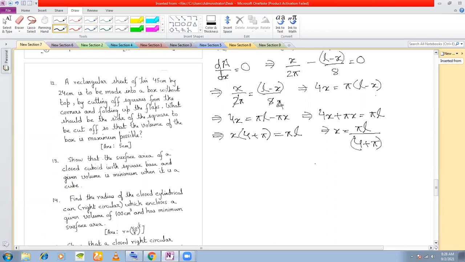At this value of x, the area is either minimum or maximum. Now we need to check whether it is maximum or minimum by the second derivative test.